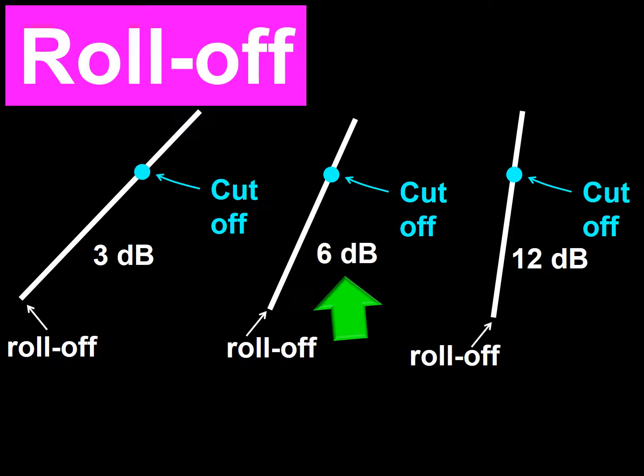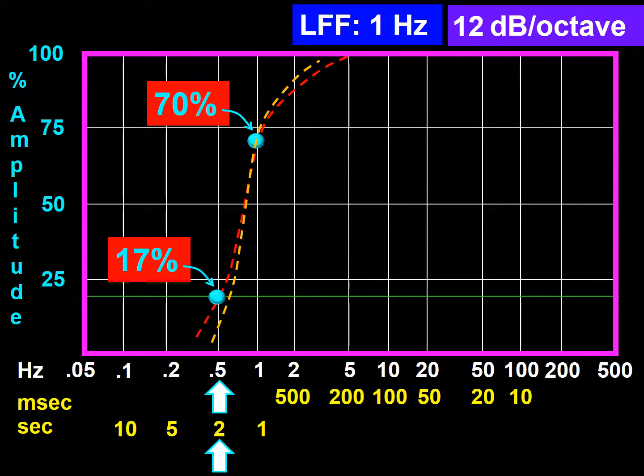We know that the slope of a 6 dB roll-off is less steep than the slope of a filter with 12 dB per octave. I have represented the imaginary effect of a 12 dB per octave roll-off by adding a caramel color dashed line to this figure.